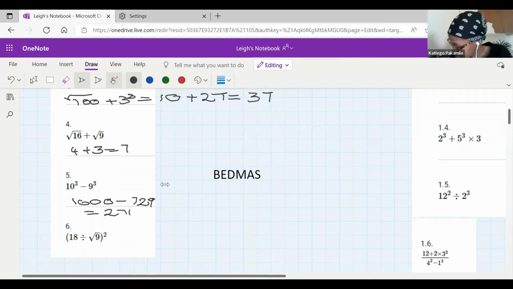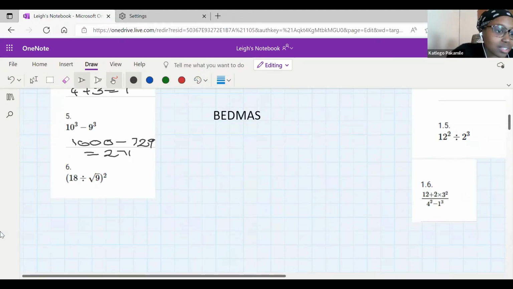Okay, last we have Asemahle doing number 6. Go for it, Asemahle. Let me scroll down a bit for us. Okay, let's hear it. Ma'am, I first changed the 9 to a 3.